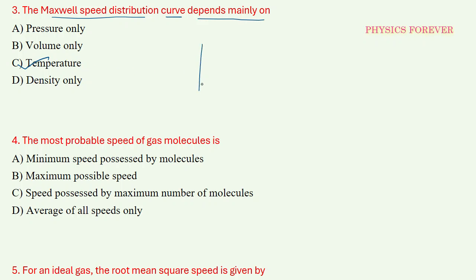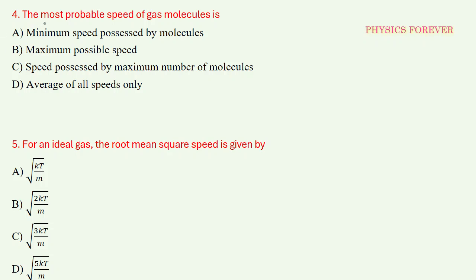If you draw the curve like this, we get a maximum here. At high temperature the curve becomes broader. We draw speed against the number of molecules, so this is the curve, and it depends only on temperature.